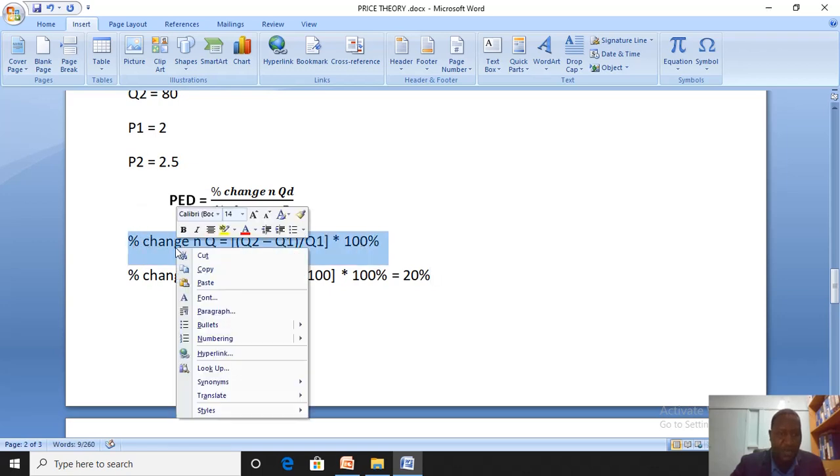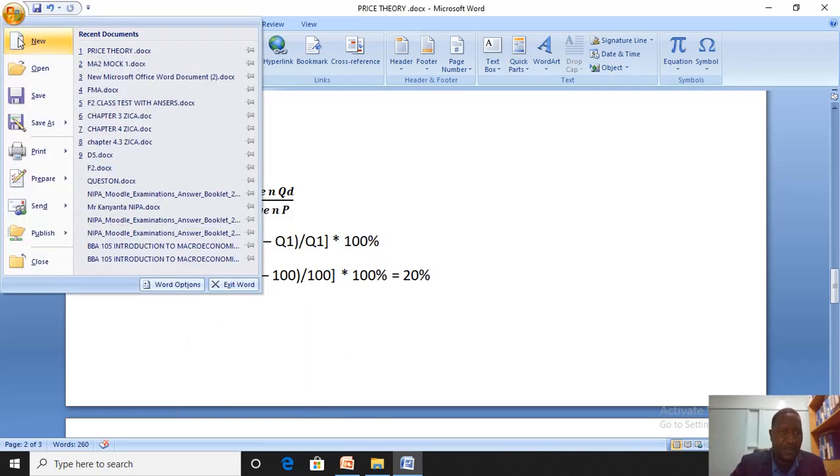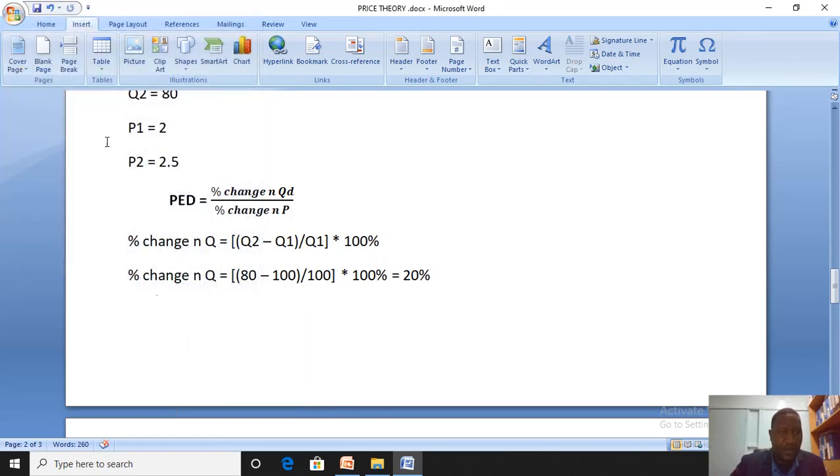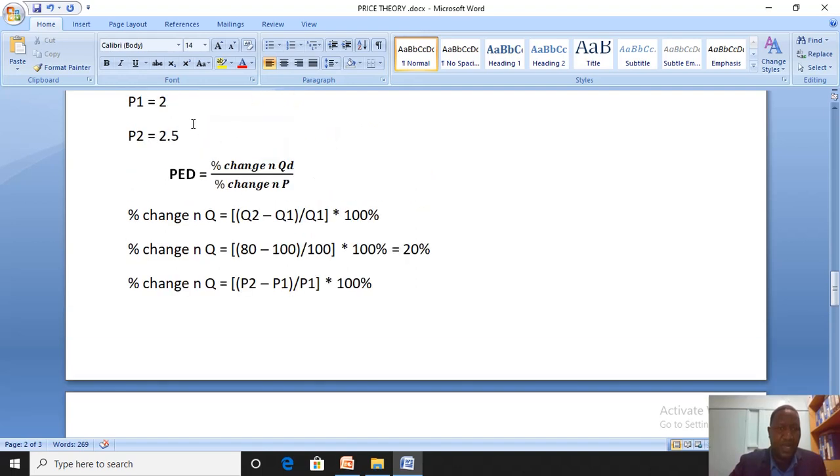Percentage change in price, we do the same thing. It's price 2 minus price 1 divided by price 1 multiplied by 100%. So what's the price 1? Price 1 is 2, price 2 is 2.5.